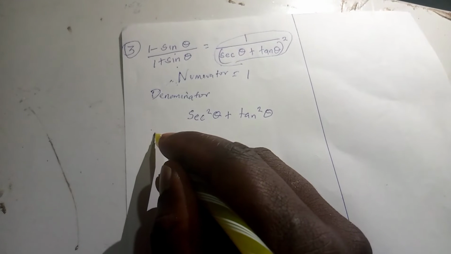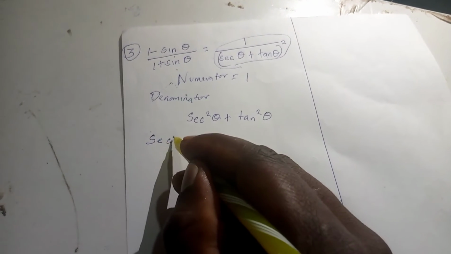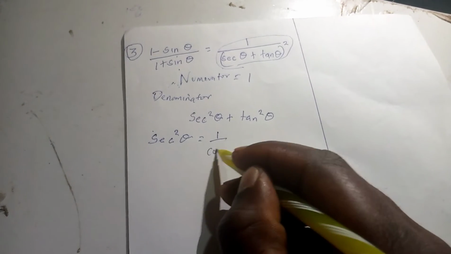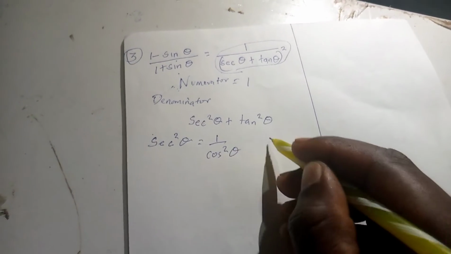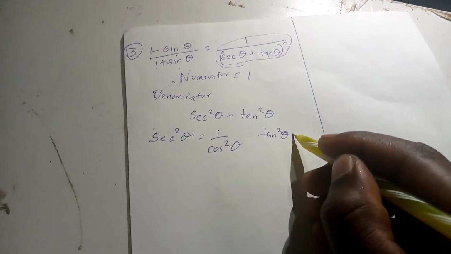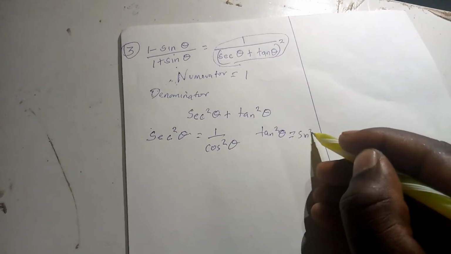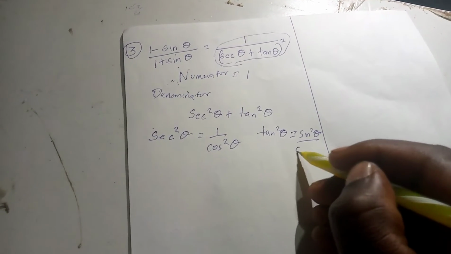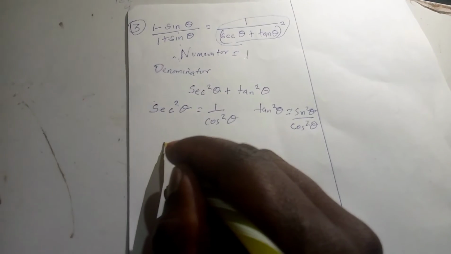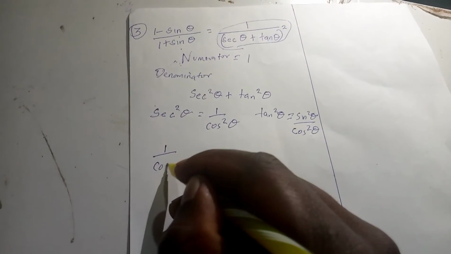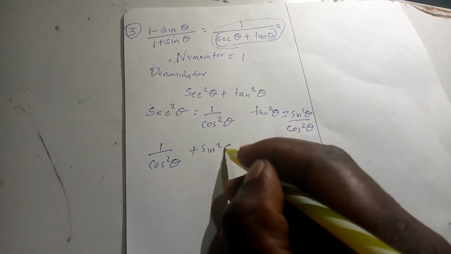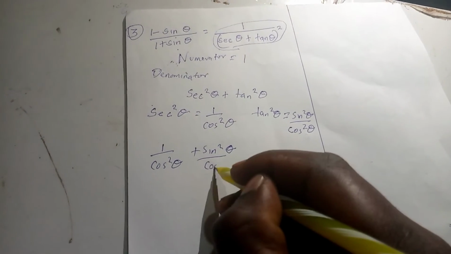We know sec squared theta is equal to 1 over cos squared theta, and tan squared theta is equal to sin squared theta over cos squared theta. So we'll go 1 over cos squared theta plus sin squared theta over cos squared theta.